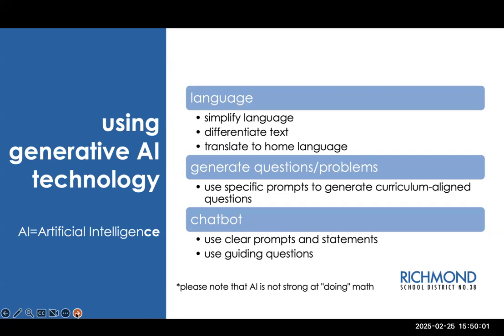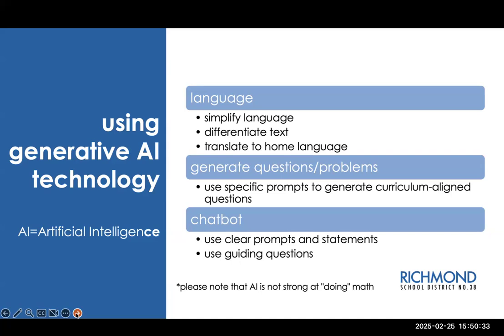Some of the strengths of AI are its ability to simplify language or change language for different lexical levels and grade levels, to differentiate the text, and to translate to the home language when necessary for communication. You can also use AI as a teacher to generate questions and problems for students. Students or teachers are able to interact with a chatbot to engage in mathematical thinking or problem solving together.